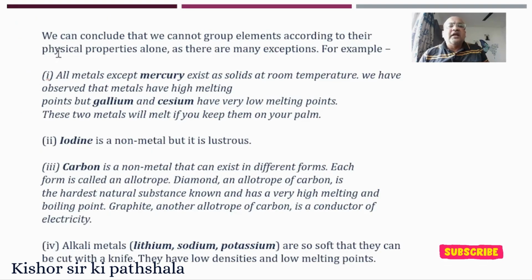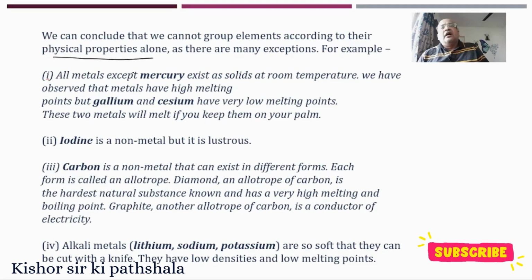So we have seen the physical properties of metals and non-metals. With this, we can conclude that we cannot group elements according to their physical properties alone, because a few of the metals will not show sonority and a few of the non-metals will show it.